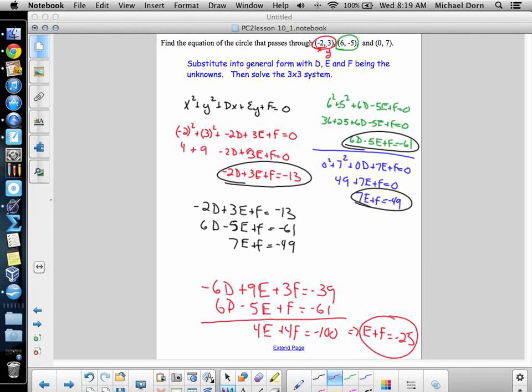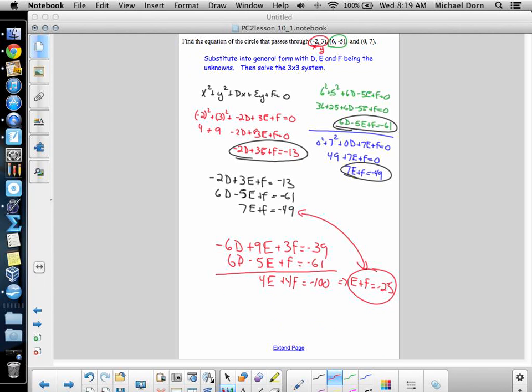Now I'm going to take that result and combine it with this. So I'm going to multiply one of them by negative 1. I'll keep this one, 7. So we're going to take 7E plus F equals negative 49. Multiply this one by negative 1, so negative E minus F equals 25.